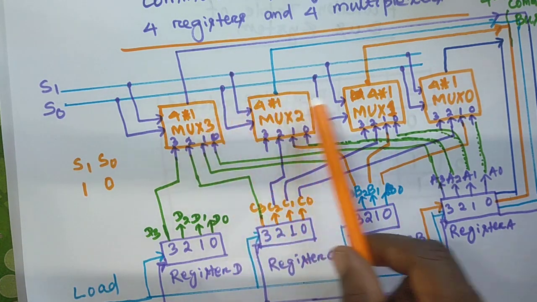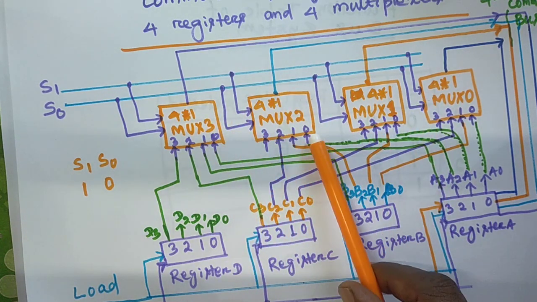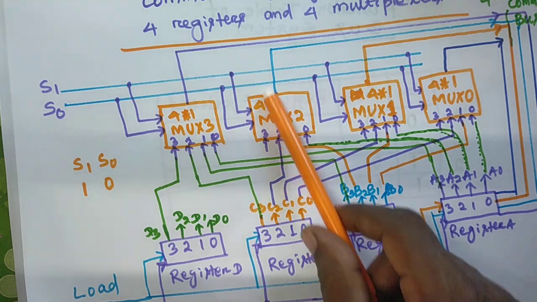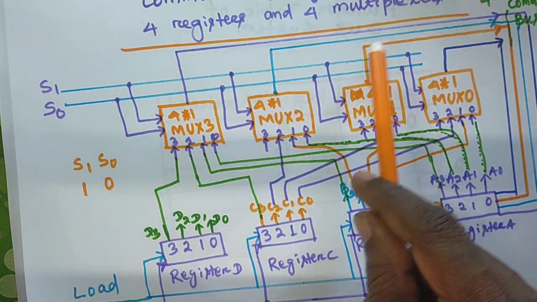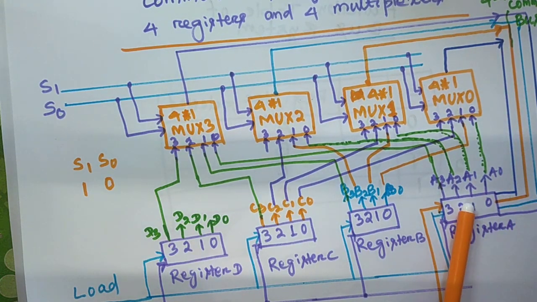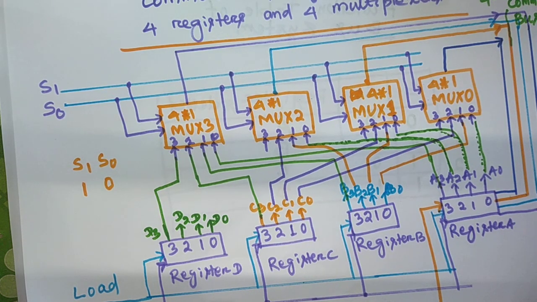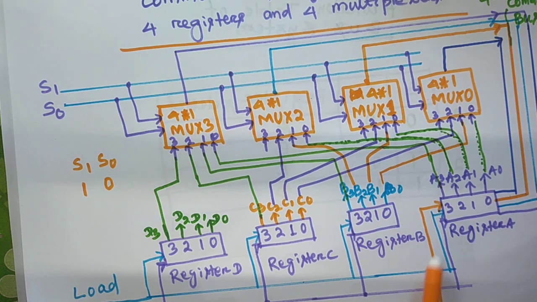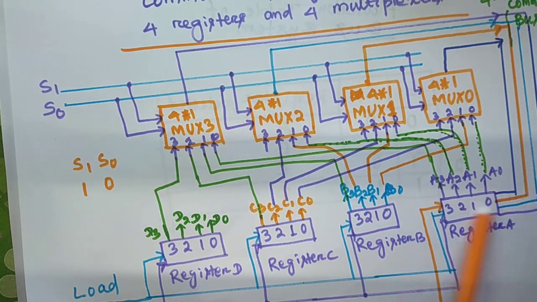Whenever these 4 multiplexers receive the data, immediately they transfer the data to the common bus. At that time the common bus connects to this A register. At that time the enable also enables this register A, which receives the data here only.